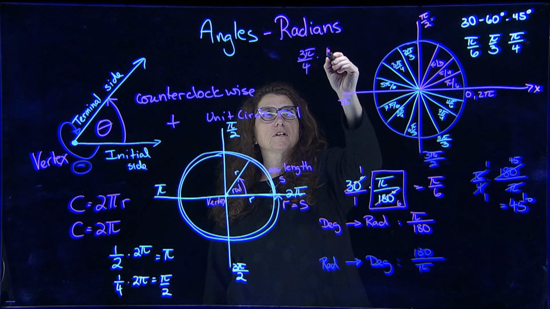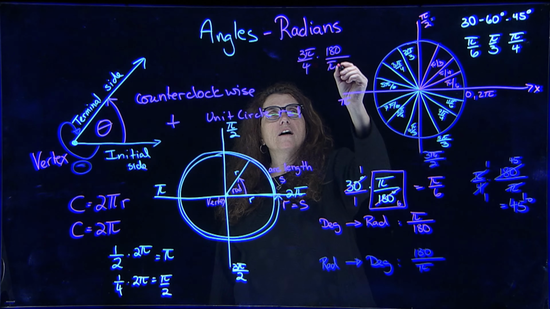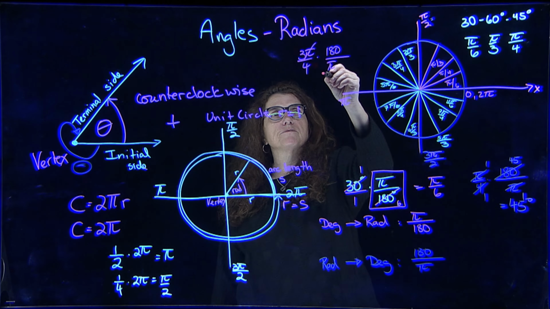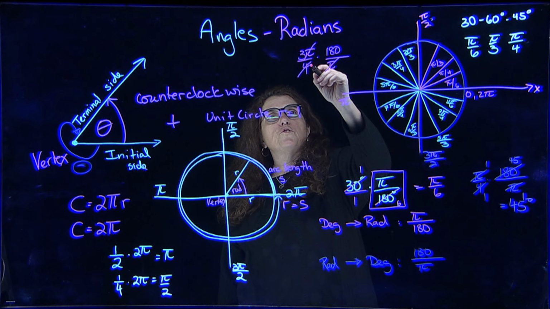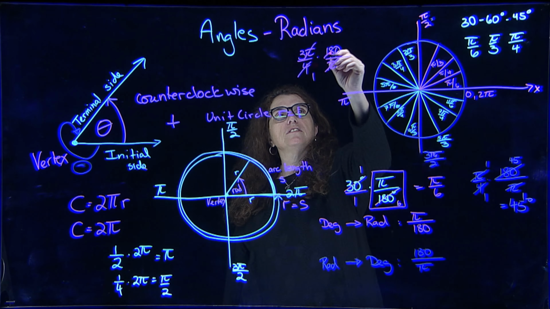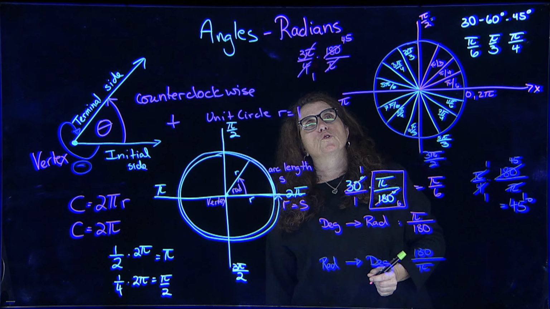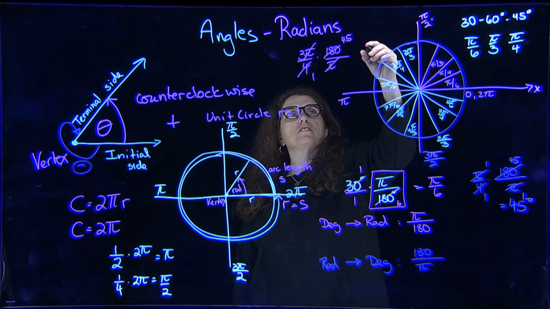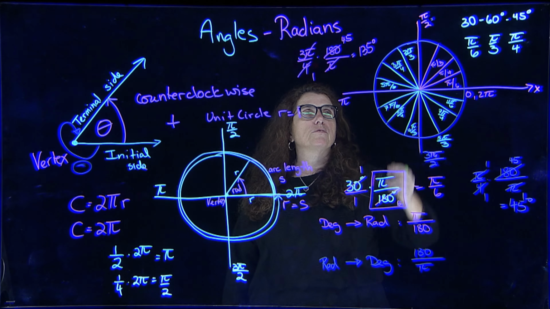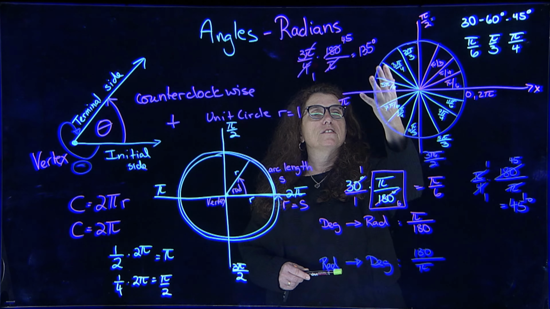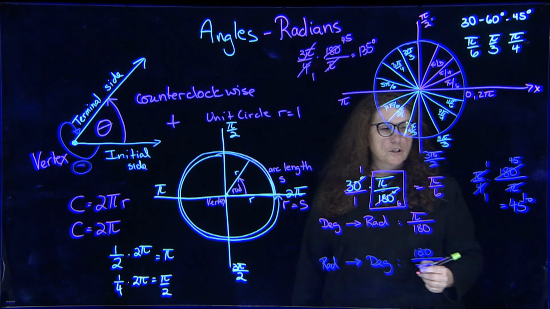I'm going to multiply by 180 divided by pi, so I can definitely go ahead and reduce the pi's. I can also say that 4 goes into 180 45 times, and then I have 3 times 45, which is 135 degrees. So the equivalent of 3 pi over 4 is 135 degrees.